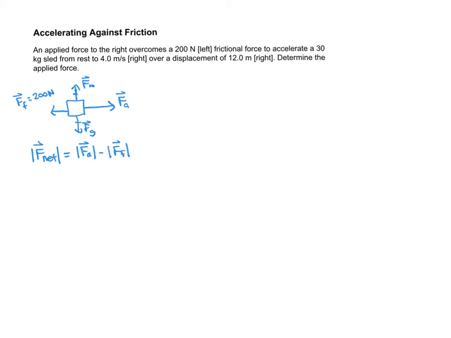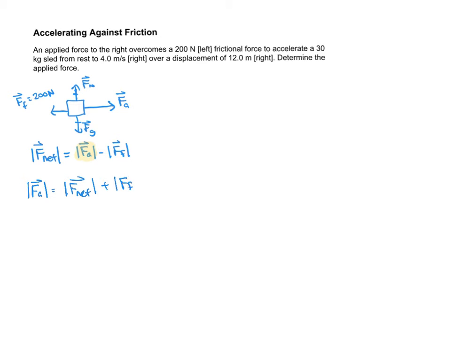Okay, we're supposed to figure out this applied force here. So I can rearrange it, and that would be just adding the force of friction to both sides. So it's going to be the applied force equals the net force plus the force of friction.